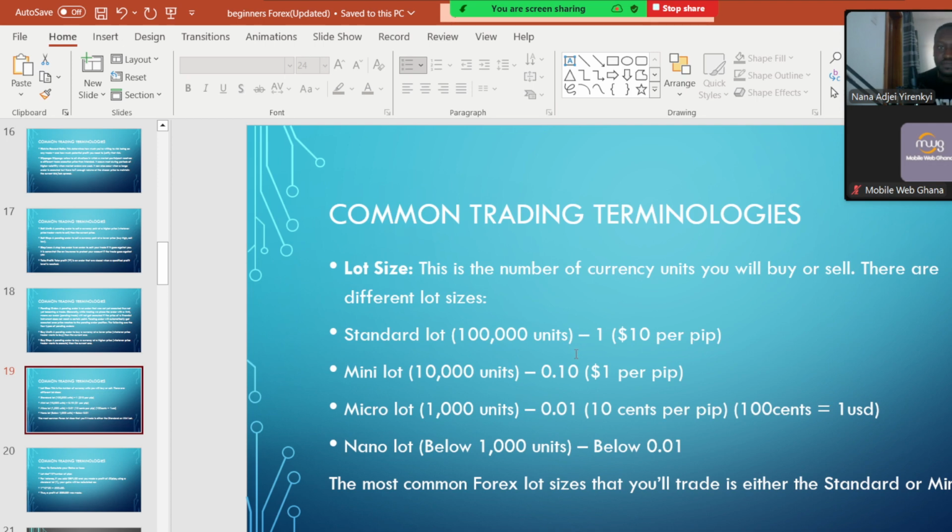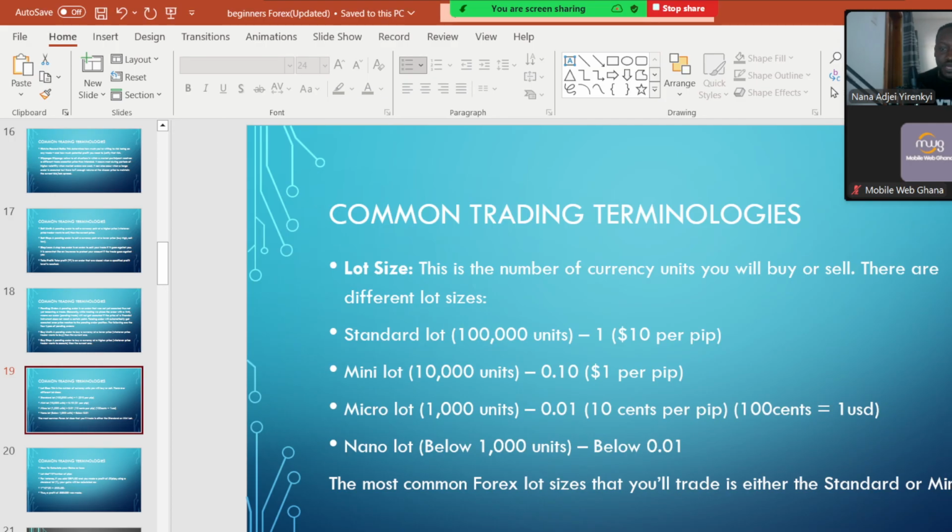And then we have the mini lots, which means you are controlling 10,000 units of currency, denoted by 0.1, and the pip value is $1 per pip.